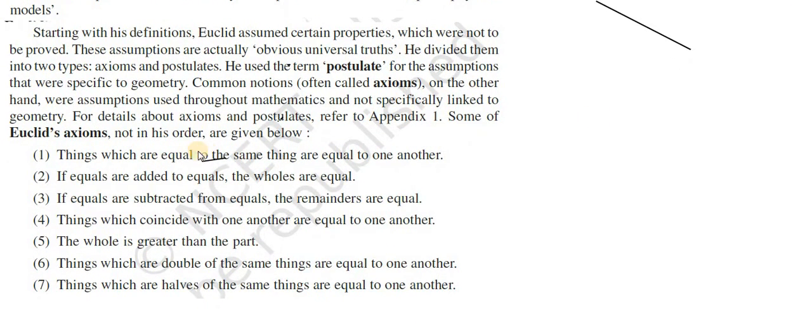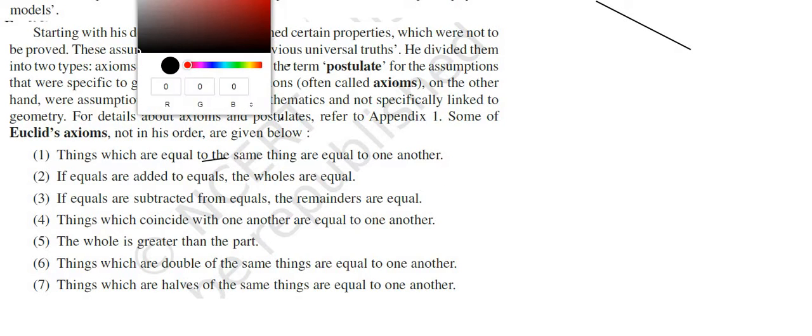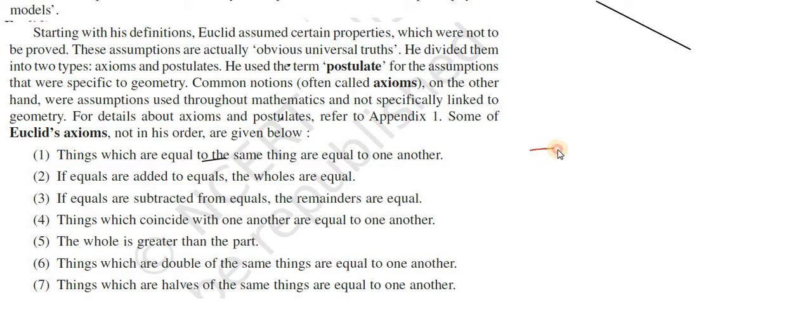The first one is, things which are equal to the same thing are equal to one another. So what is this definition? I'll give an example. I'm drawing a line here, and one more line here.